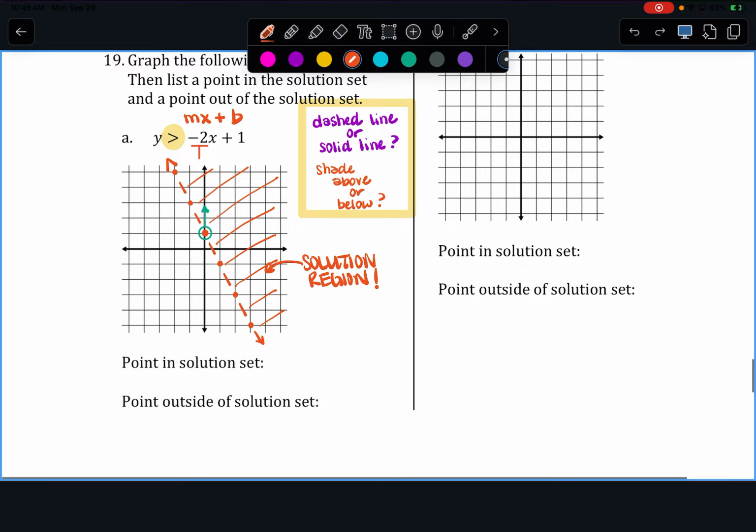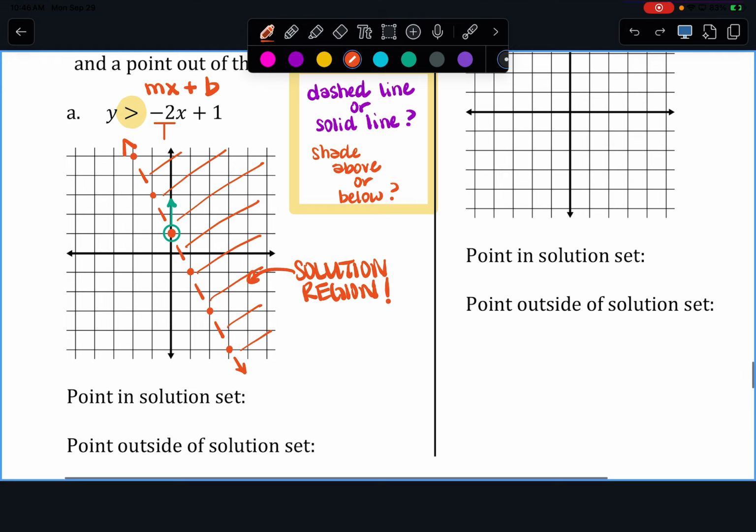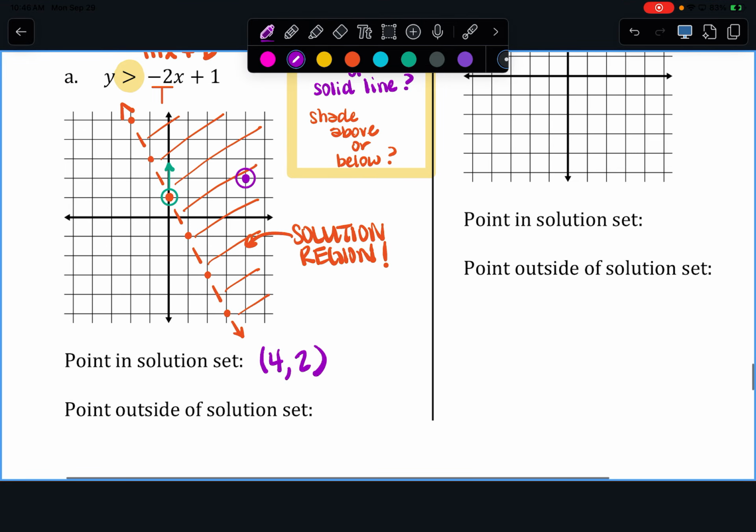All right, so down here it says, give me a point that's in the solution. Let me pick a color. I'm just going to pick some random point. I'll pick this one. He's in the shaded region, and that looks like the point 4, 2. Again, infinite answers. You don't have to have the same answer as me as long as it's somewhere in that shaded solution region. And then I want a non-solution, which would be a point that is not in the solution region.